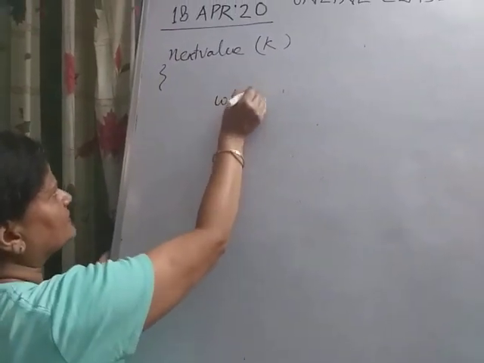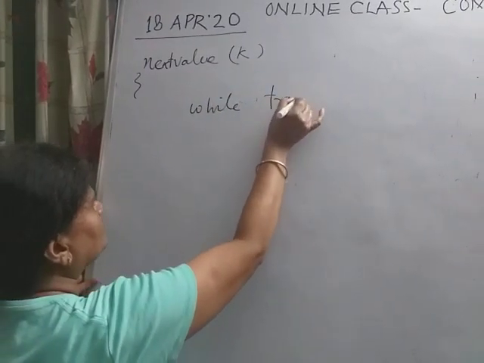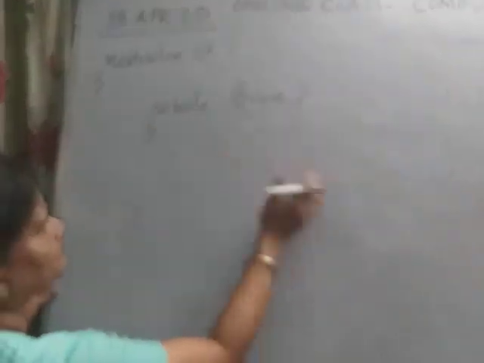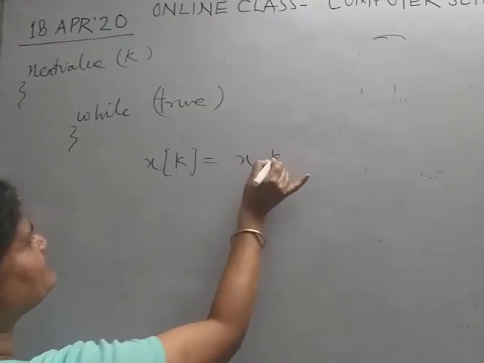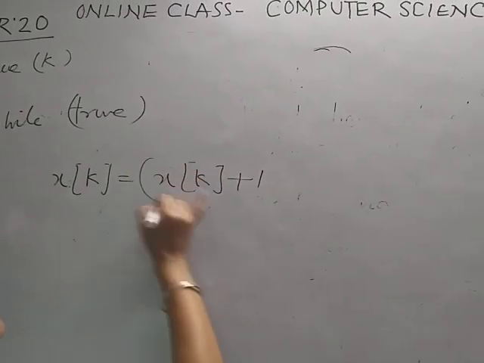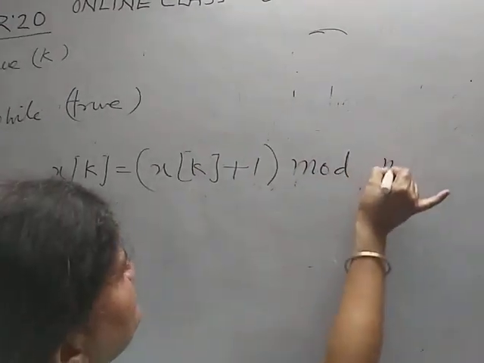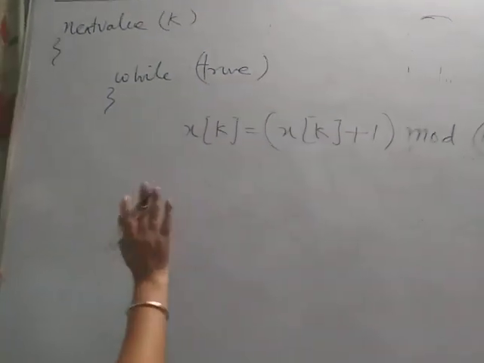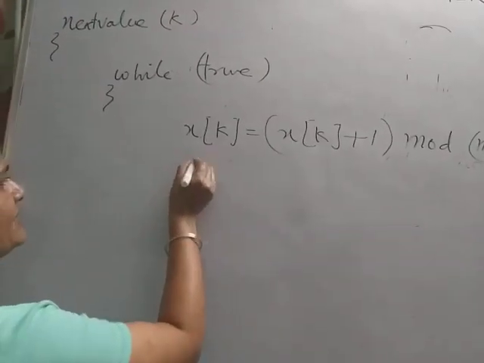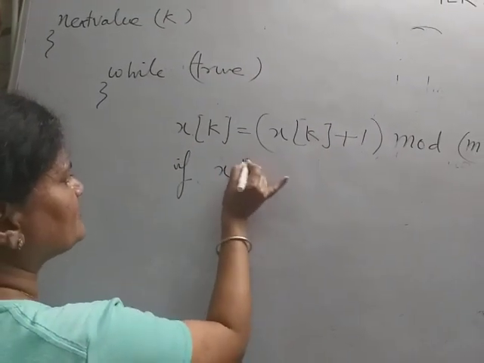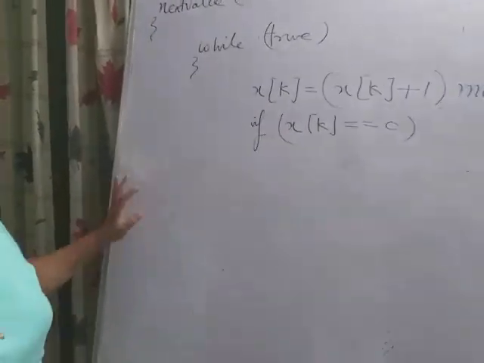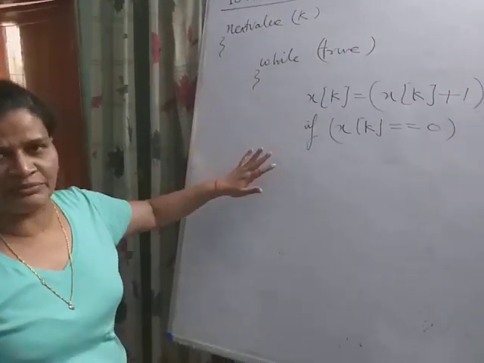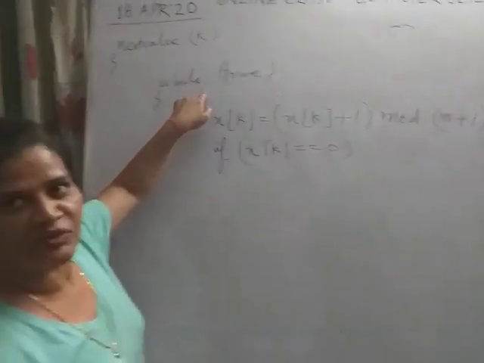While true, xk equal to xk plus 1 mod m plus 1, as I explained earlier, to generate the next highest numbered color, and if xk equal to 0, it means no new color is possible and the function will terminate. So it will come out from this while loop.